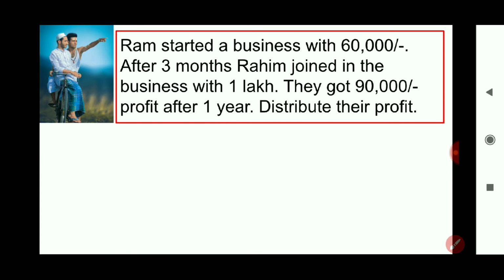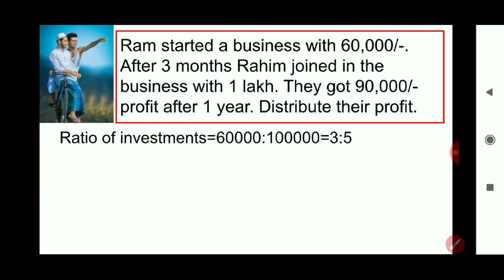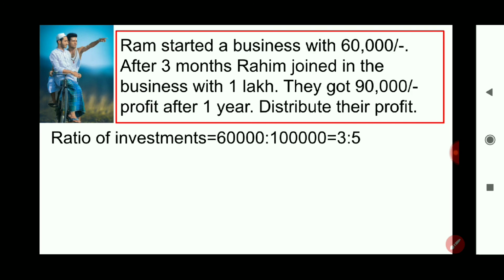Now come to the question. Ram started a business with 60,000. After 3 months, Rahim joined in the business with 1 lakh. They got 90,000 profit after 1 year. Distribute their profit. Now first, find the ratio of investments. That is 60,000 is to 1 lakh, that is 3 is to 5. Now find the ratio of periods. 12 is to 9. That is 4 is to 3.